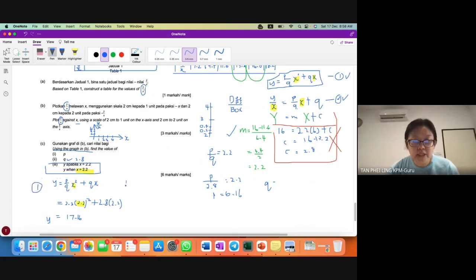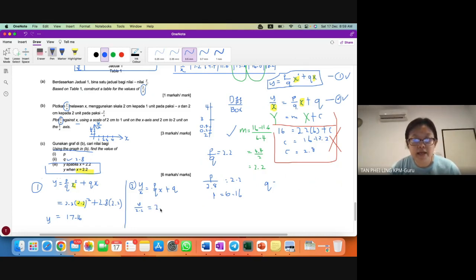Can I do for you method 2 so that you are sure that they are the same? So y over x equals to p over qx plus q. So y over x, I don't know. So my y, I know 2.2 here, my small x. P over q is my m, right? So I can put in my 2.2 already here, which is my m.